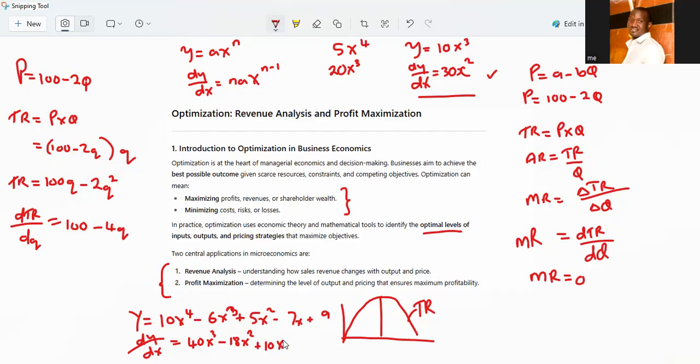Then 7x, there's an invisible 1 there. 1 times 7 is 7, and 1 minus 1 is 0, so the derivative of 7x is 7. Then if you have a constant, it falls out.